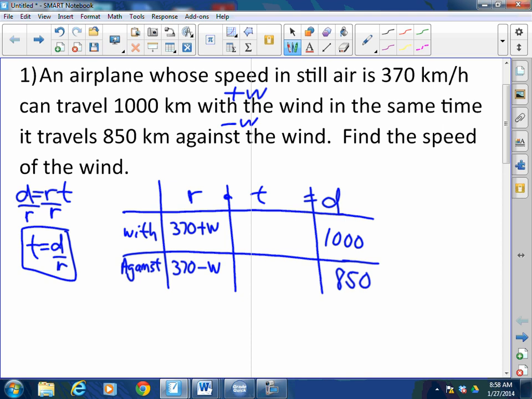When you have to put two different unknowns in these types of problems, you can probably revert to switching around the distance formula. Since time equals distance divided by rate, the with-the-wind time will equal 1,000 divided by the rate with the wind, and the against time will be 850 divided by the against-the-wind speed.